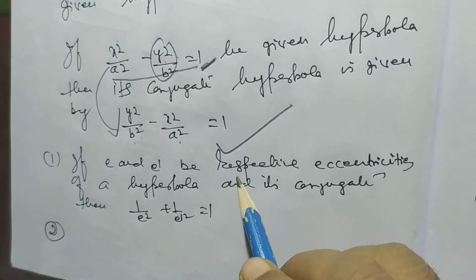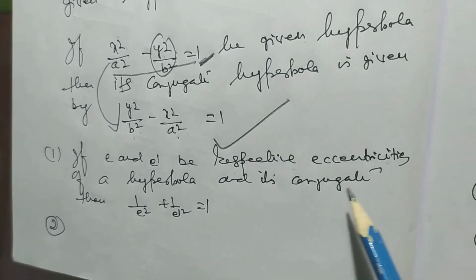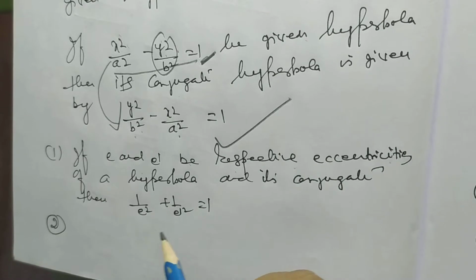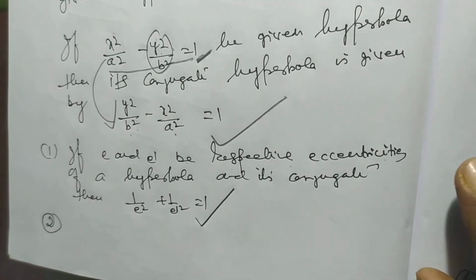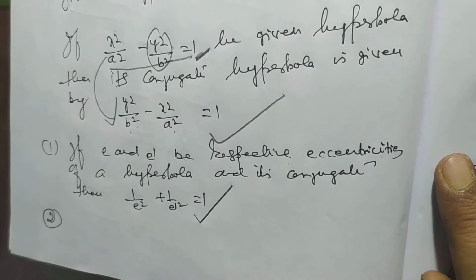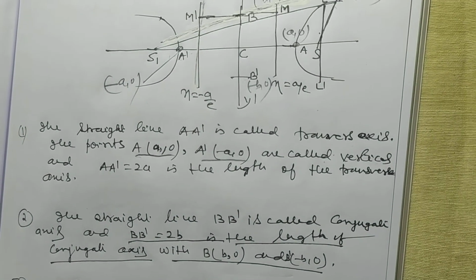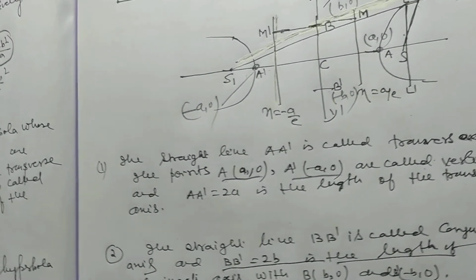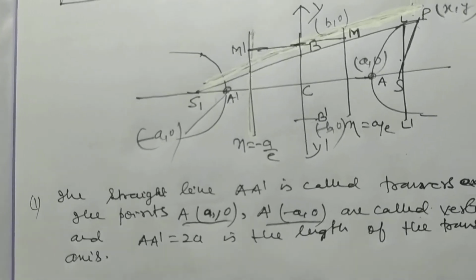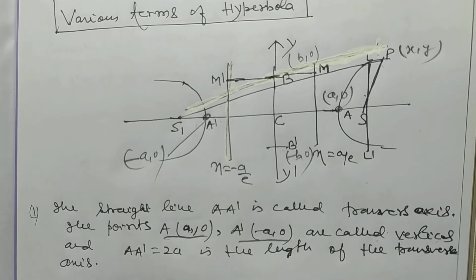If e and e dash are the respective eccentricities of the hyperbola and its conjugate, then 1 by e square plus 1 by e dash square is 1. You must remember these properties, and by using them we can solve problems of the hyperbola.